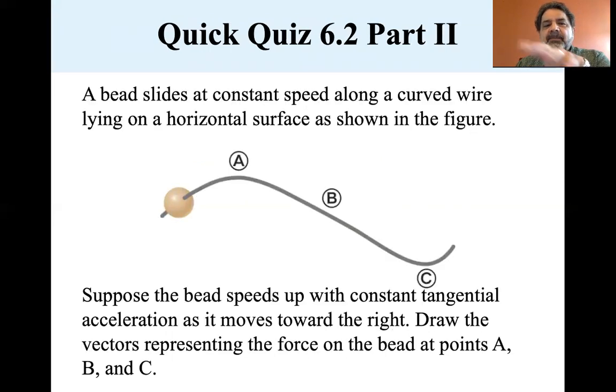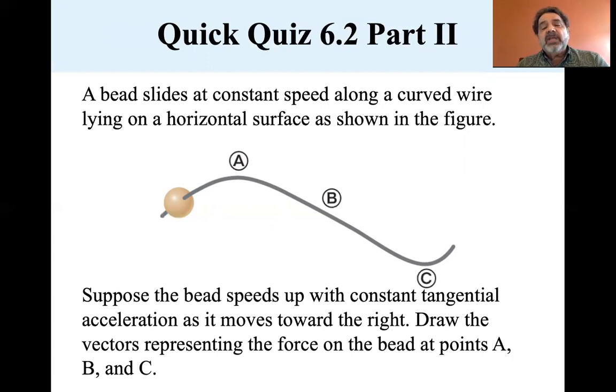A bead slides along a curved wire lying on a horizontal surface, as shown in the figure. Now, suppose the bead speeds up with constant tangential acceleration as it moves toward the right. Draw the vectors representing the force on the bead at points A, B, and C. Well, at A, you had the centripetal force downward, but this time you have a force that's causing it to speed up.